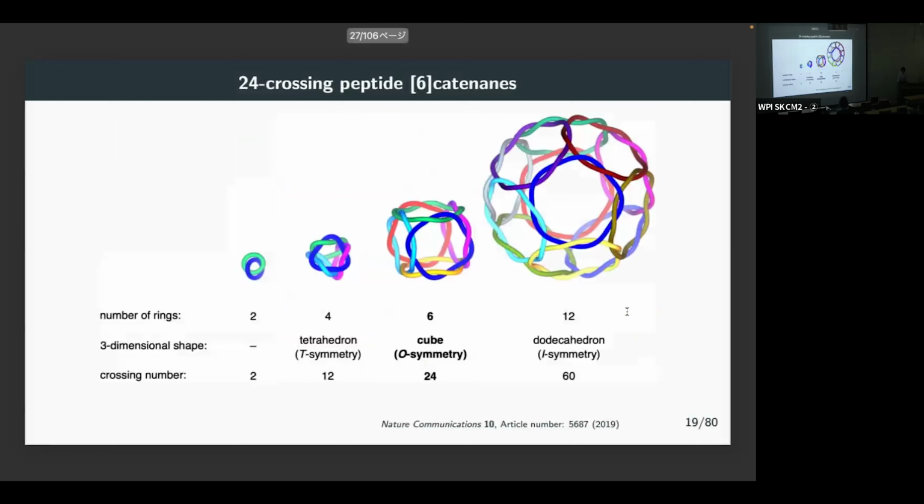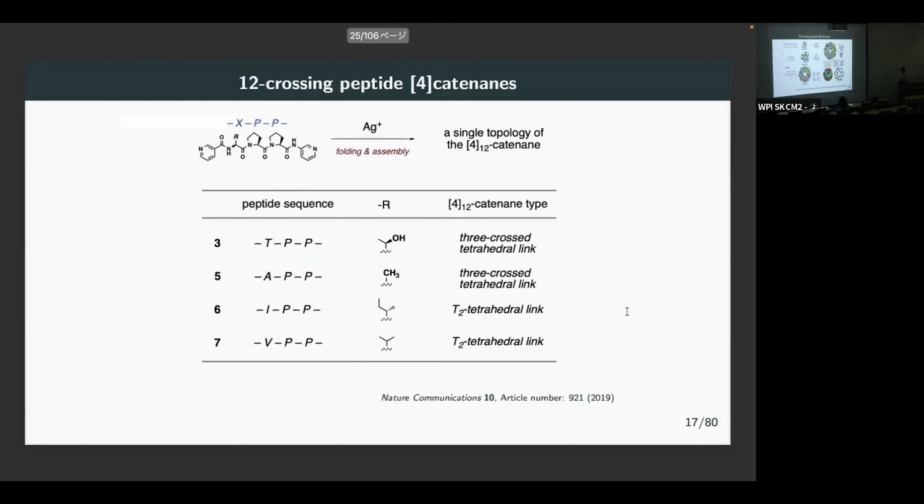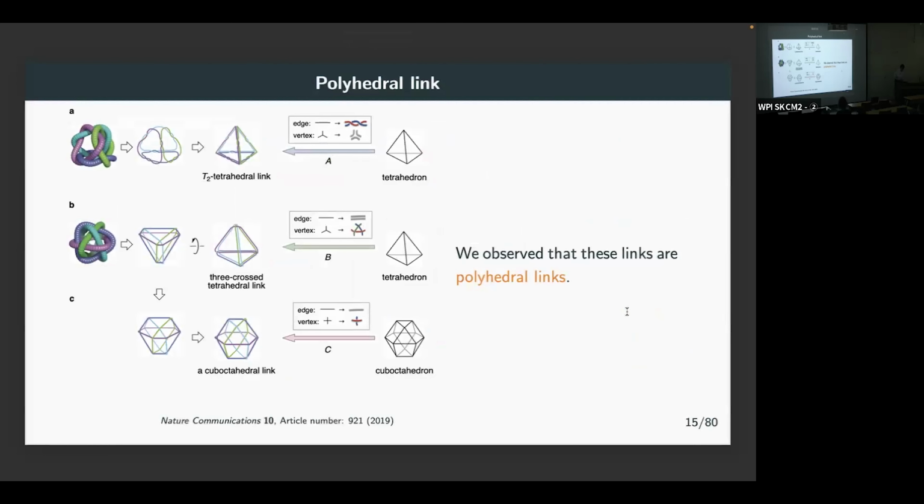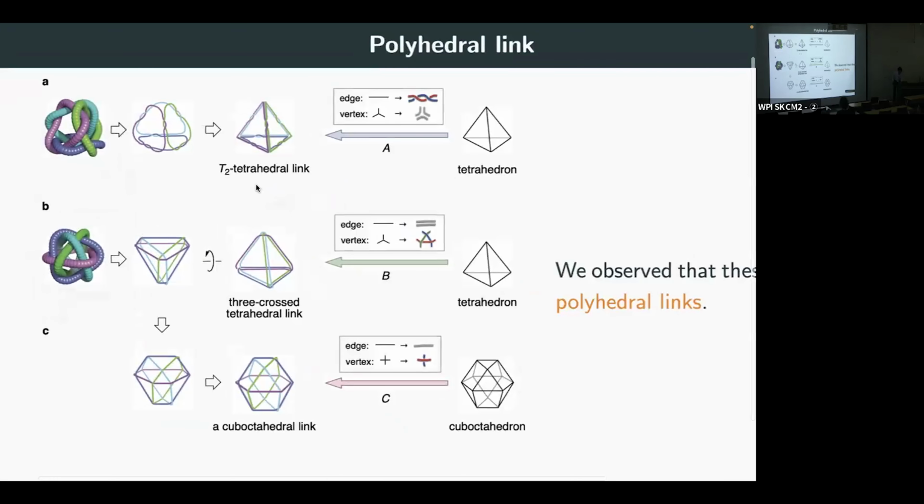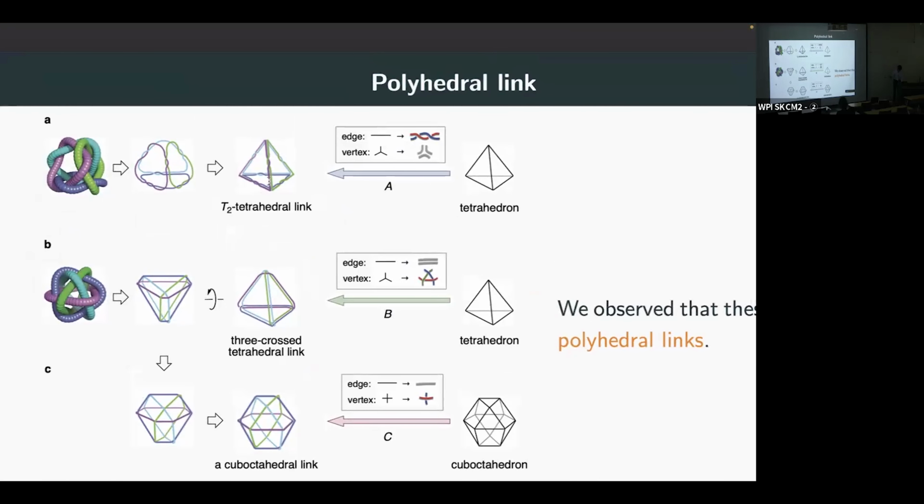Okay, go back to this. The first one is made from a tetrahedron, and if you do type A, then you have two crossings at the edge and no crossing at the vertex.